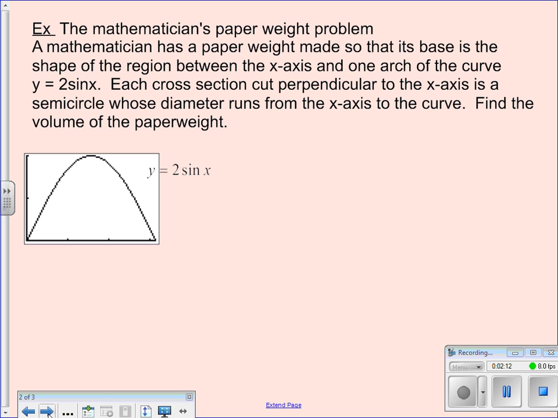First example. And you don't need to get everything down, get the drawing, get the idea. Example number 1, the mathematician's paperweight problem. Classic problem. Mathematician's got a paperweight.